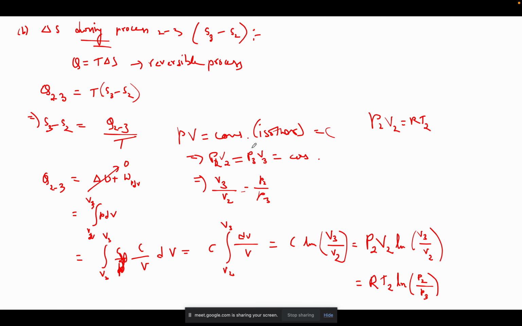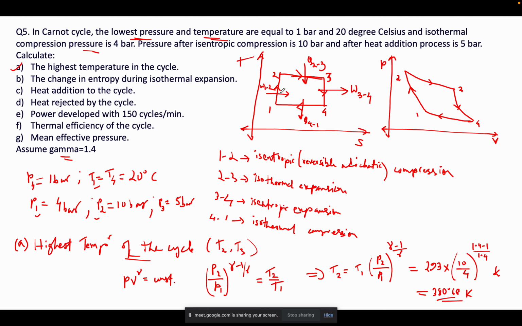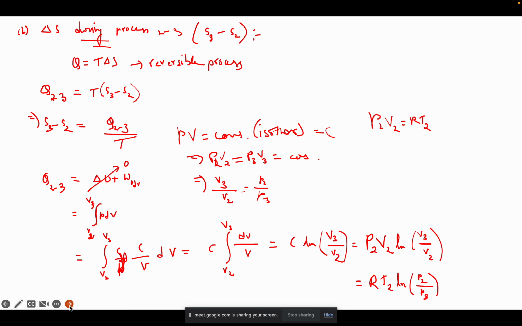In the Carnot cycle there are only two kinds of processes: two isothermal processes, and two reversible adiabatic processes. PV to the power gamma constant I have already done, and now this is just PV equal to constant.